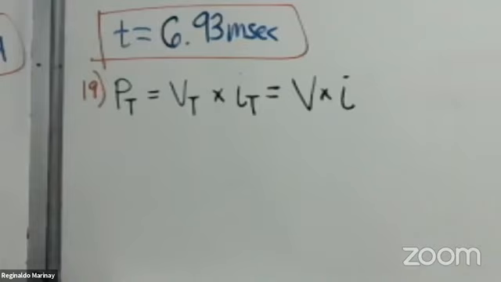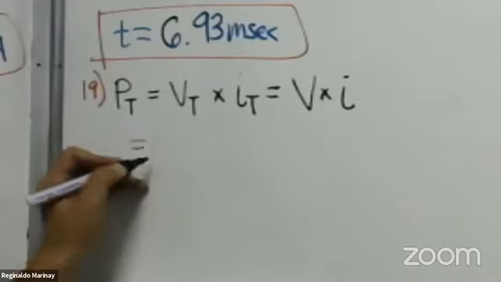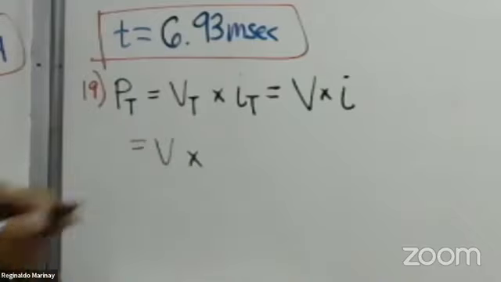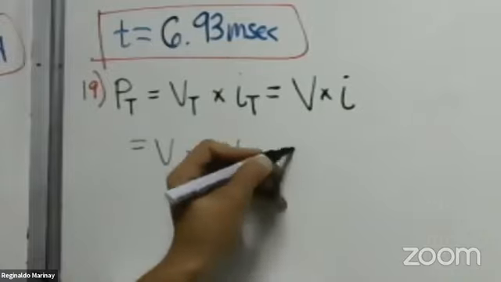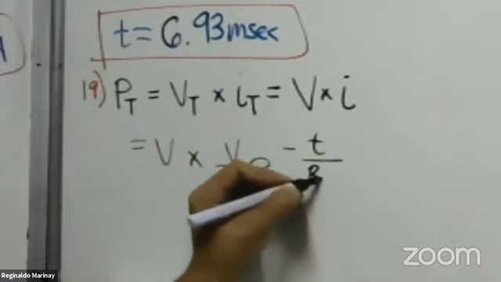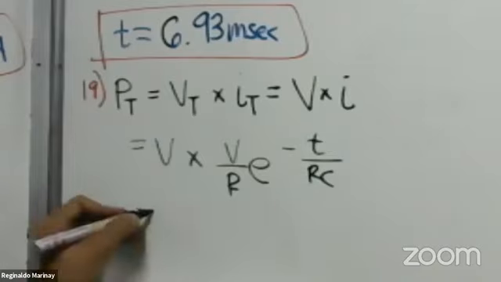Okay, I will represent first by the equation. So this is our V. Then our I, what is the formula for I? V over R times e raised to negative t over RC.